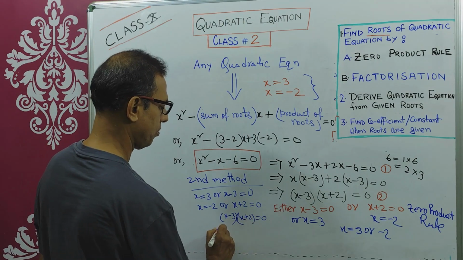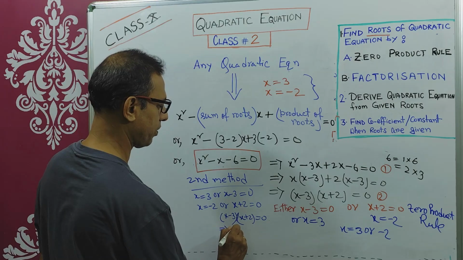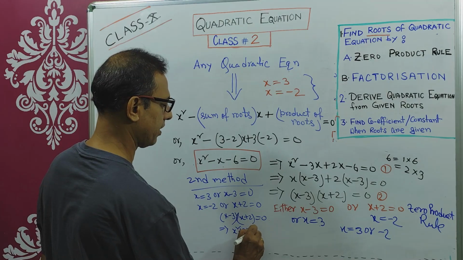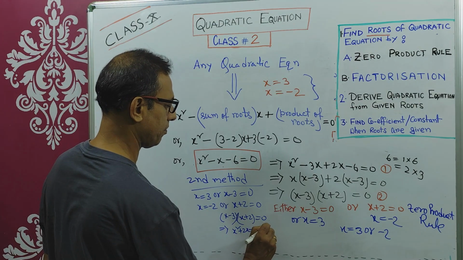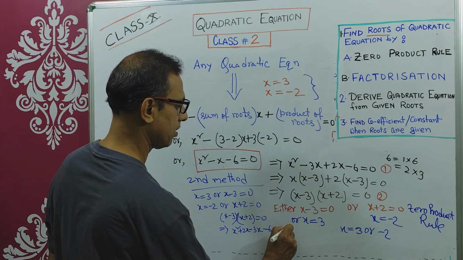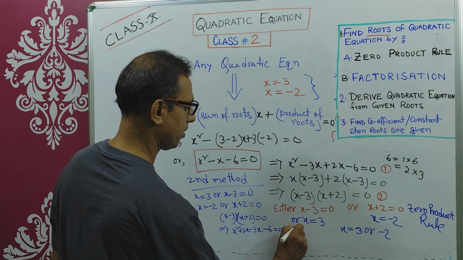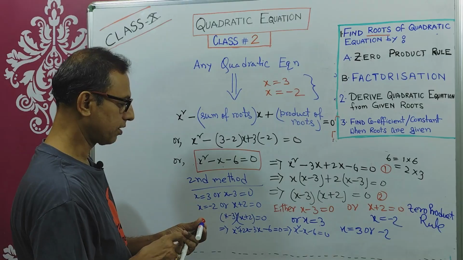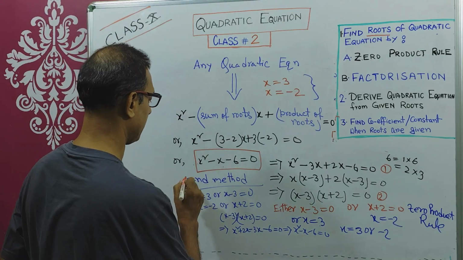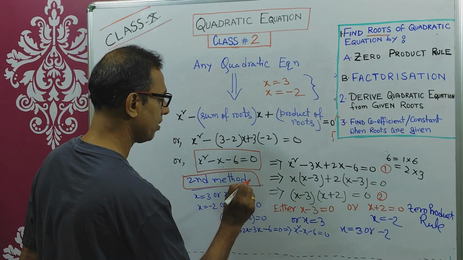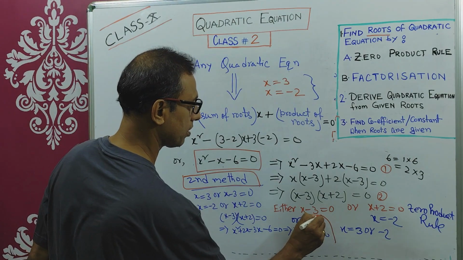So next line is x square plus 2x minus 3x minus 6 equals 0. That means x square minus x minus 6 equals 0. So this is another method, the second method, to find the quadratic equation from the given roots.